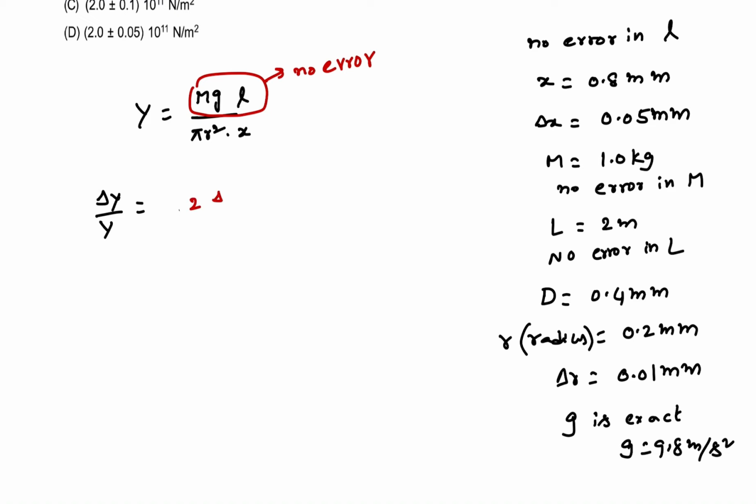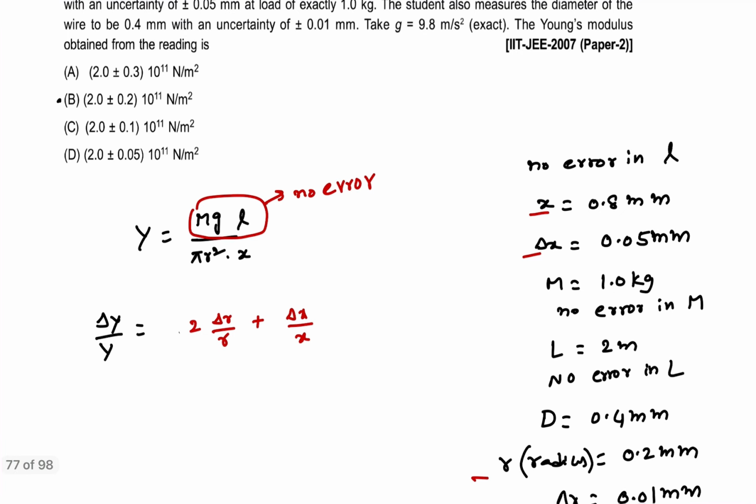So the first three terms, m, g, L, have no error. No error in the upper part, so only the bottom part is there: 2 into delta r divided by r plus delta x divided by x. You can see here x, delta x. Next, r, delta r.